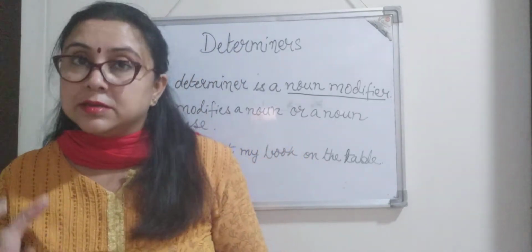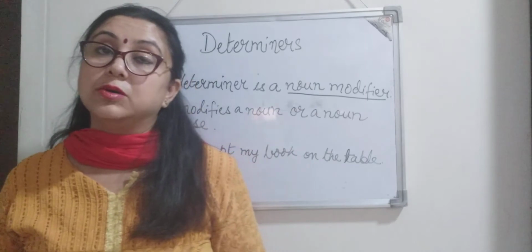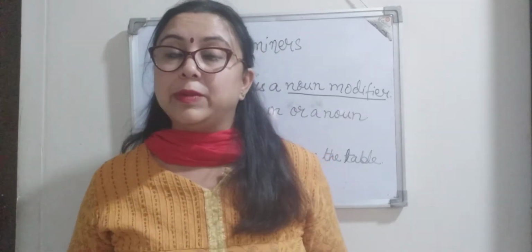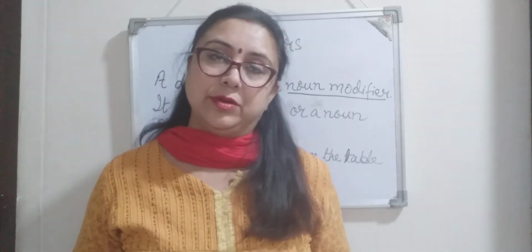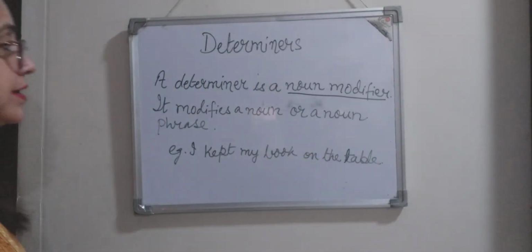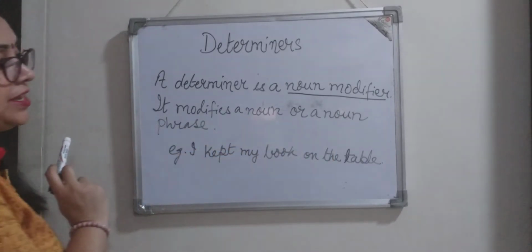What do you mean by noun modifier? A word that modifies a noun, a word that gives more information about a noun, right? So, determiners are noun modifiers. It modifies a noun or a noun phrase.